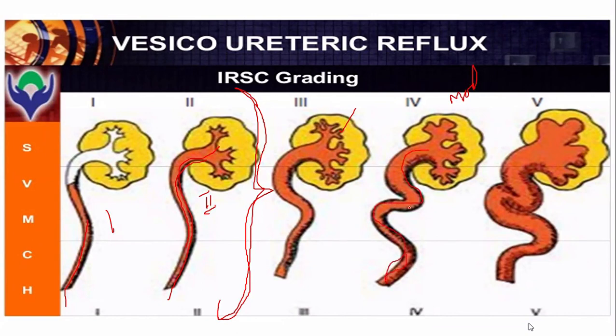If it's tortuous, there will be more stasis as well. If the patient wants to urinate, he can urinate, but there is stasis, and there can be a blockage as well. Stage 5, severe hydronephrosis plus tortuosity of the dilated ureter. So this one, stages 3, 4, and 5, usually surgical management.